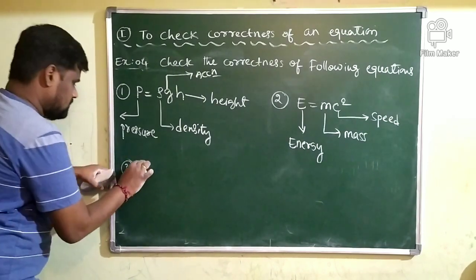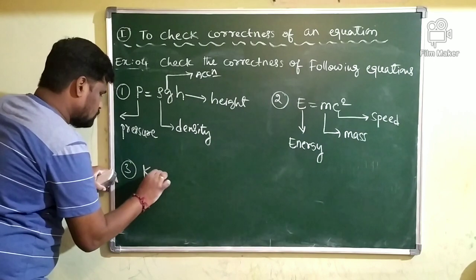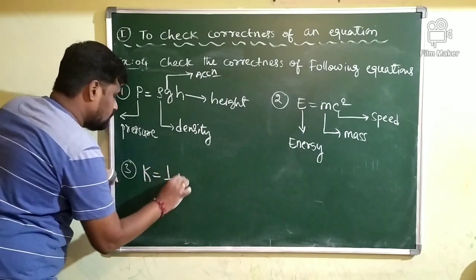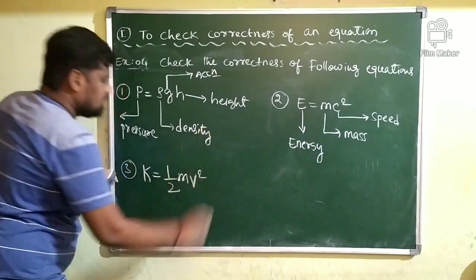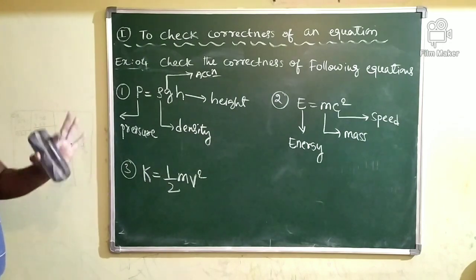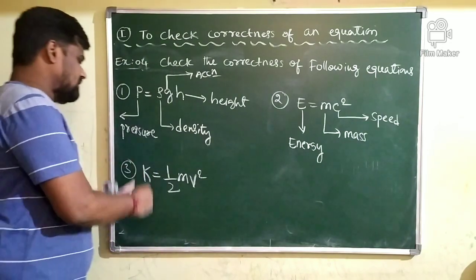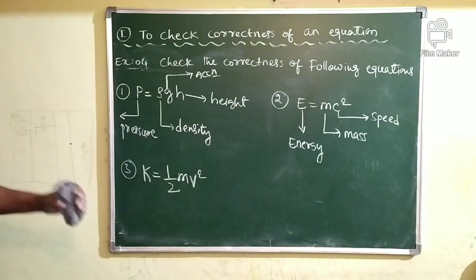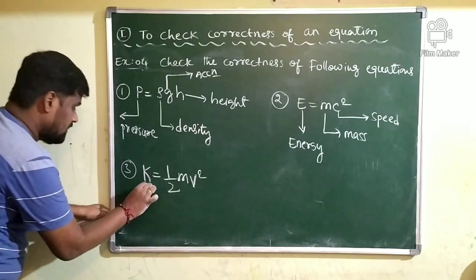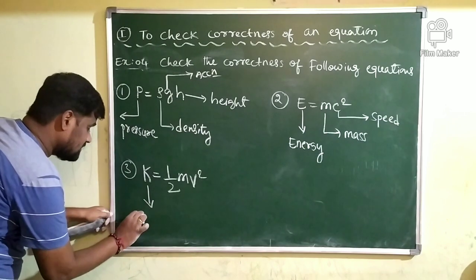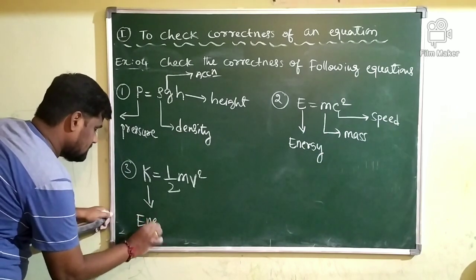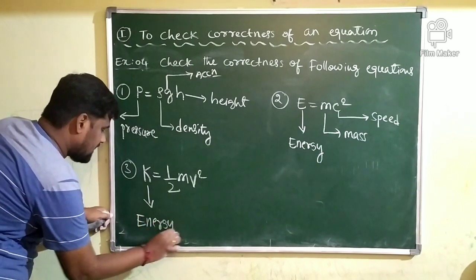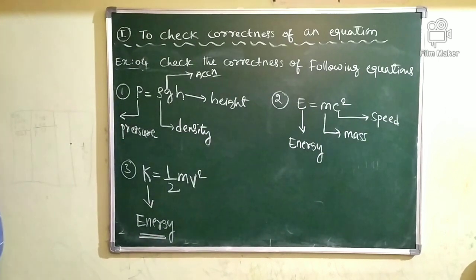Third one, K is equal to half mv square. You have to check the correctness of this equation. What is K here? K is kinetic energy, or simply energy.